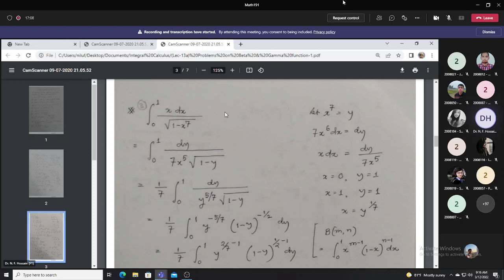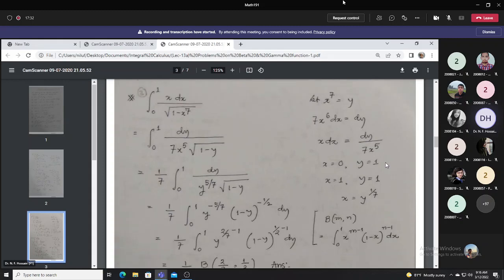So we can try for the beta function anyway. So take the differential, 7 into x to the power 6 dx equal to dy. So in the upper part you have x dx, so x dx should be equal to dy divided by 7 into x to the power 5.